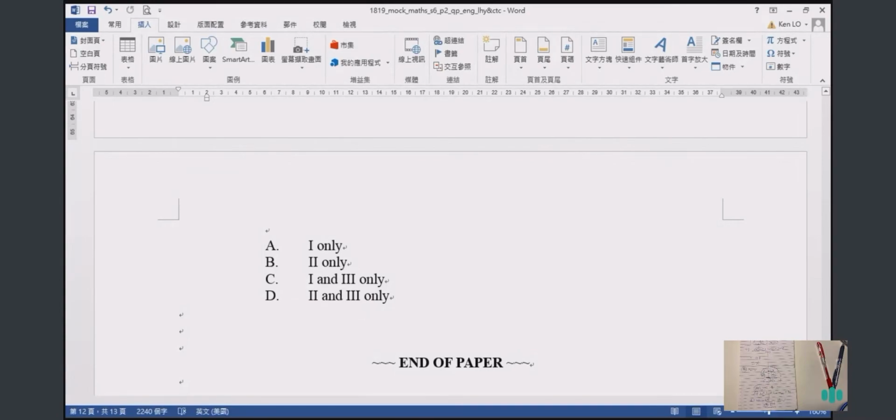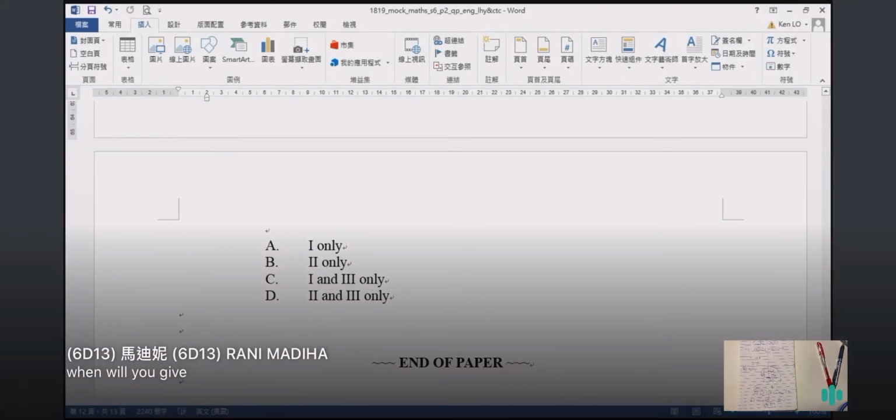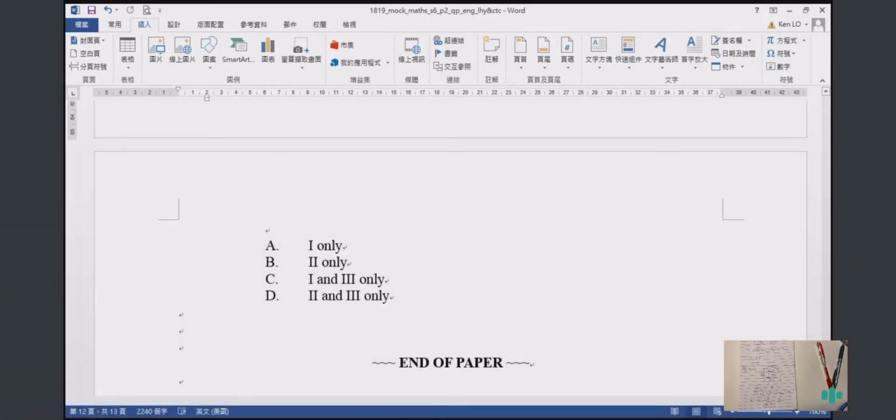So I will give you a mini mock paper to give you practice on section A. I'll send it to you in Google Classroom and in the WhatsApp group very soon, once I download it from the internet or from my drive.